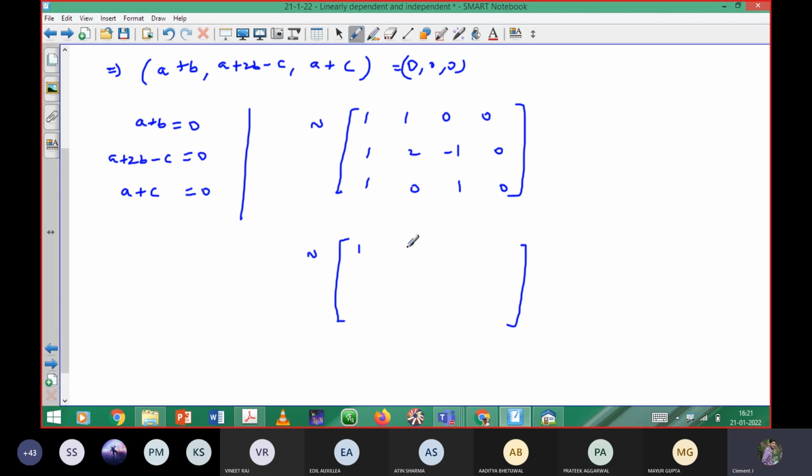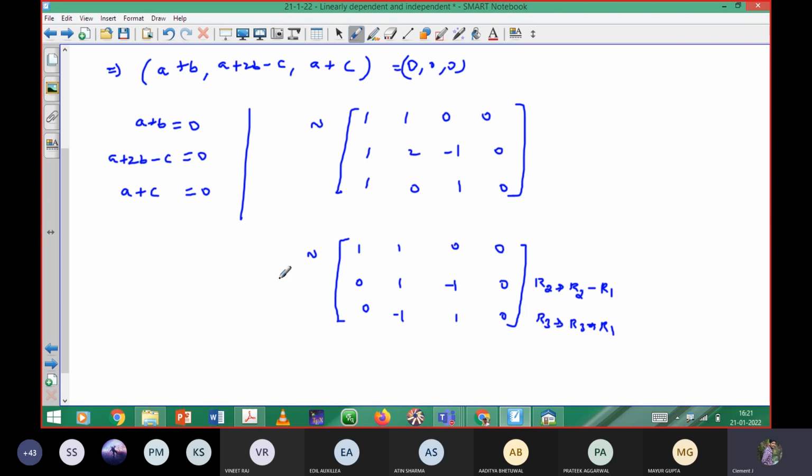There is no change in R1, so we keep it as it is. In R2, R2 gives R2 minus R1, so 0 1 minus 1 0. In R3, R3 minus R1, so 1 minus 1 0, 0 minus 1, minus 1, 1, 0.